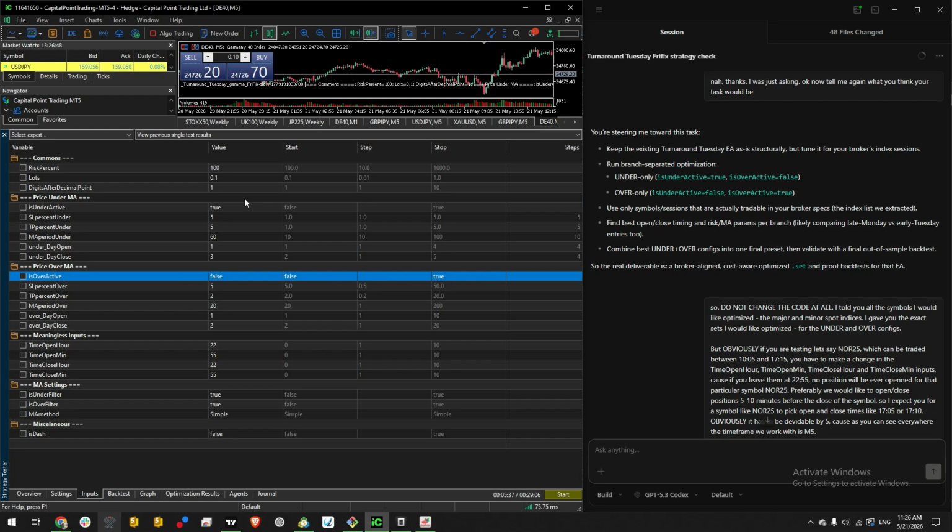But if we combine 20 symbols like this, then of course, if it's only one symbol, you will never lose your whole account because it's very highly improbable that the DAX or any other index will lose 100% of its value in a day.